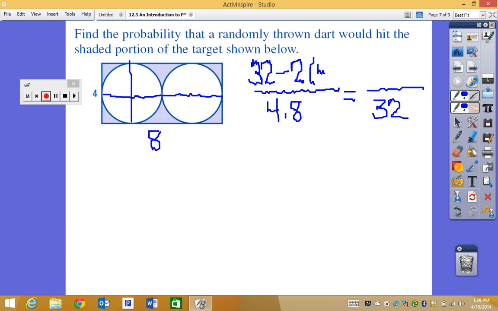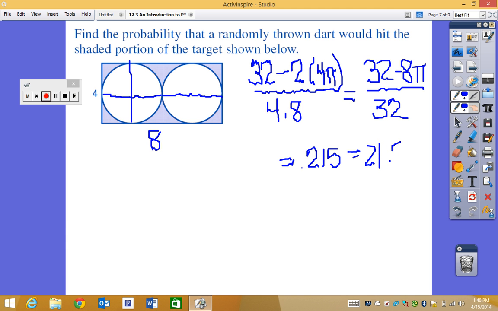So pi r squared will be 4 pi. So I want to take 32 minus 8 pi, divided by 32. And that calculates to be 0.215, or approximately 21.5%. That is the probability that I would land a dart in the shaded region.